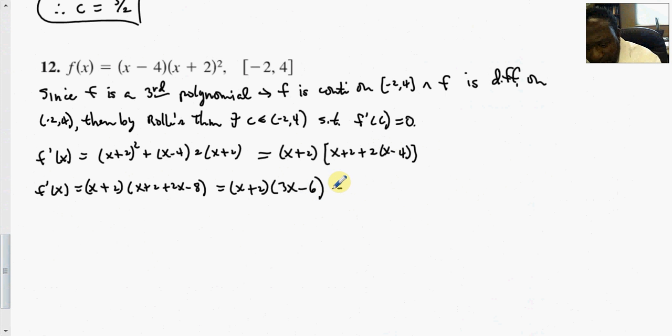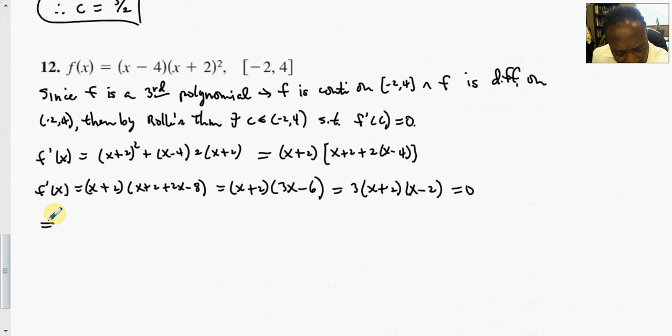Just factor out a 3. So this is 3 times X plus 2 times X minus 2. We set that equal to 0. This implies that we have X equal to -2 and X equal to 2.